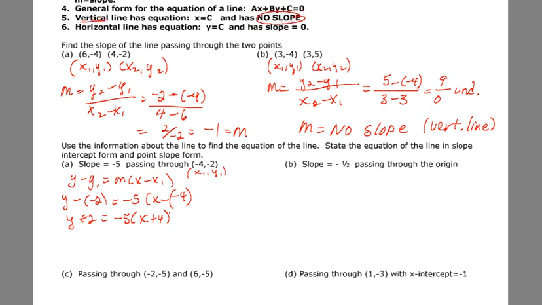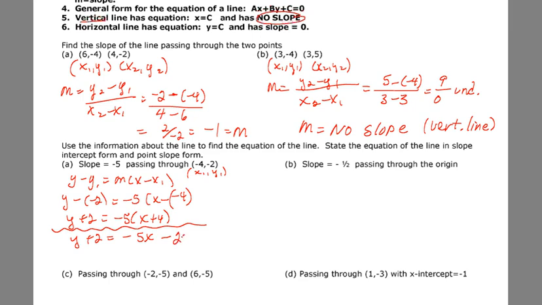Now we can take it and clean it up and put this in slope-intercept form. Let's clean it up by distributing the negative 5 to give us negative 5x, minus 20, excuse me, not plus 20.